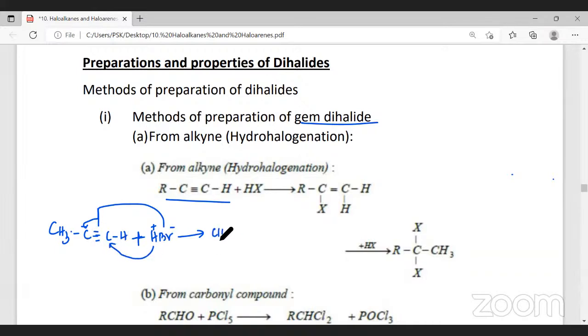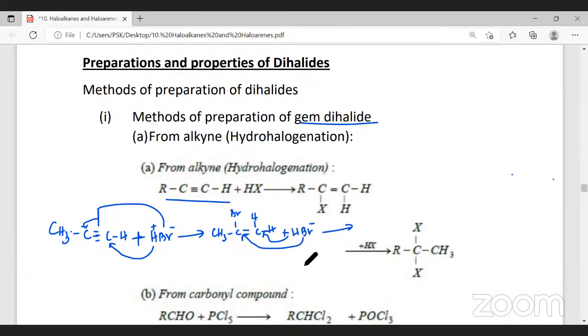Therefore, the first intermediate product we get is CH3 CBr. A pi bond will break here. Therefore, a double bond will be there, CH and H. When this is further reacted with hydrogen bromide, again the negative part of the added molecule gets bonded to the carbon containing less number of hydrogens.